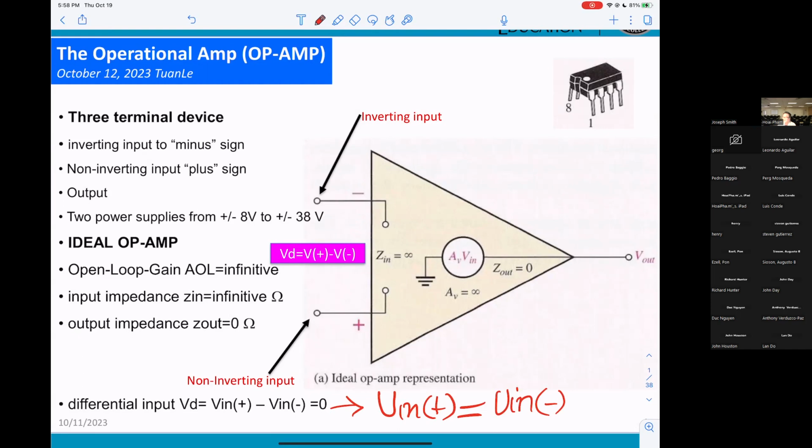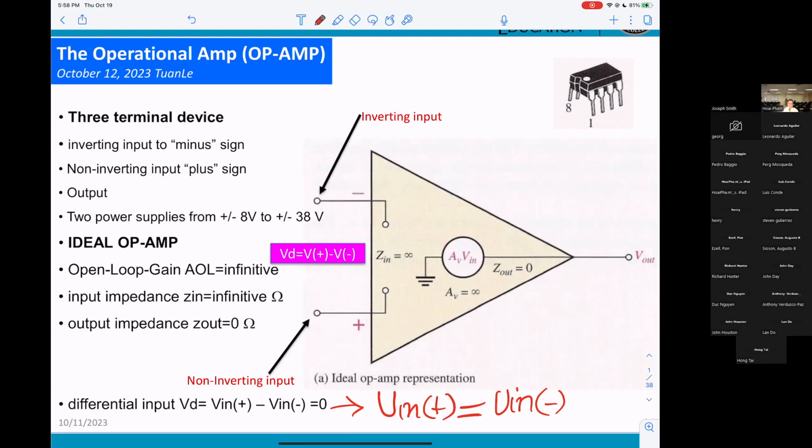You have to memorize. When you're looking into the op-amp, operational amplifier, they get two inputs, one at the negative, one at the positive. The input negative, they call inverting input.